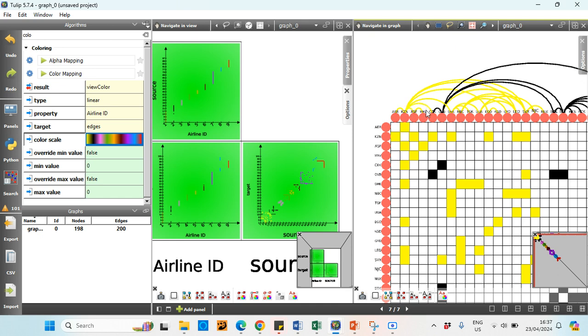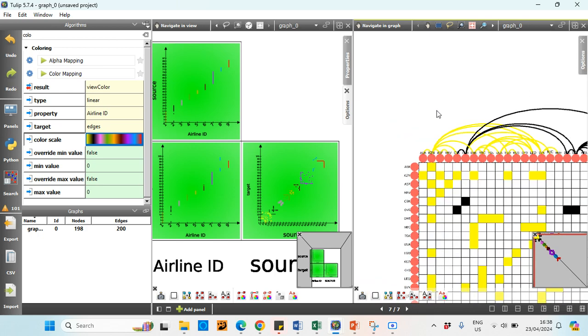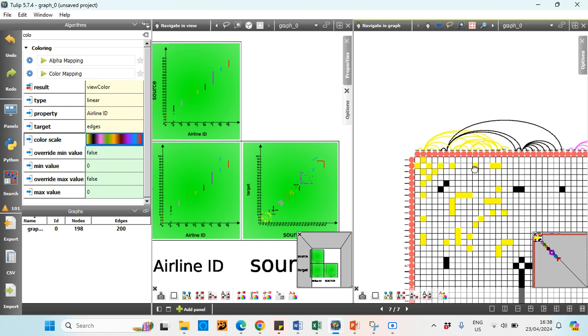So let's assume someone was going to airport OVB, and they are at AER. That means they'll have to go from AER to KZN, and then from KZN to CEK, and from CEK that is when they'll be able to reach their final destination. So that is what I interpreted from my work here.